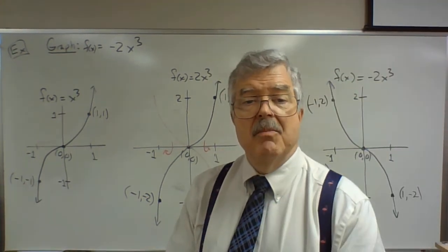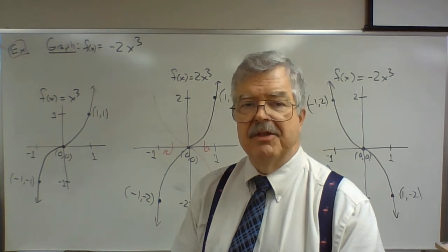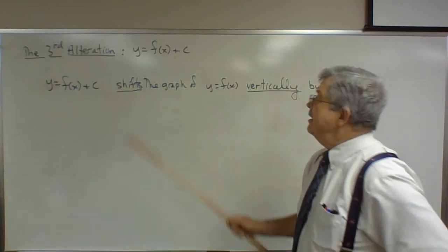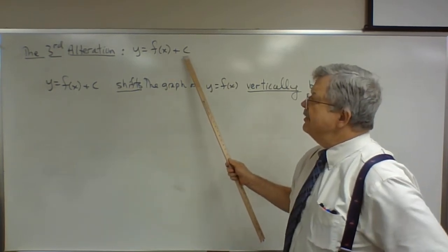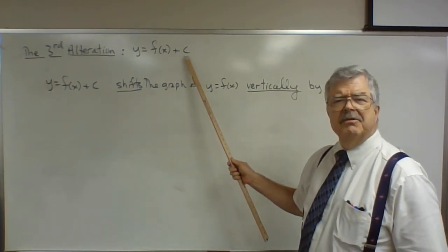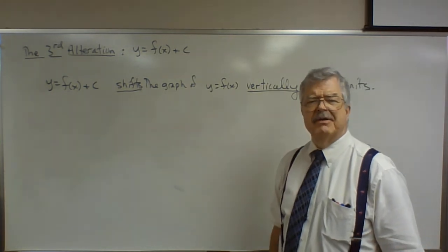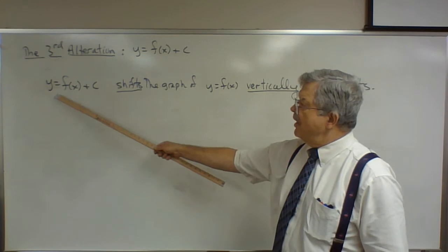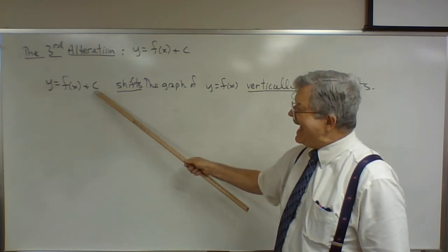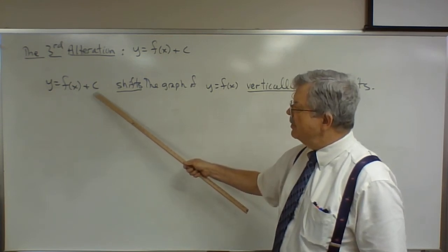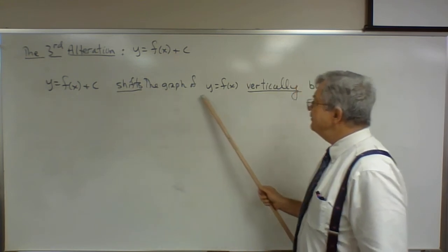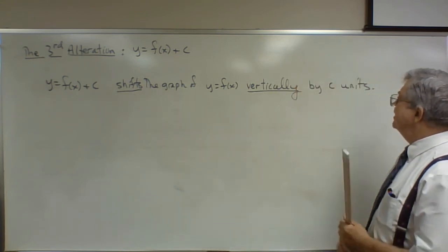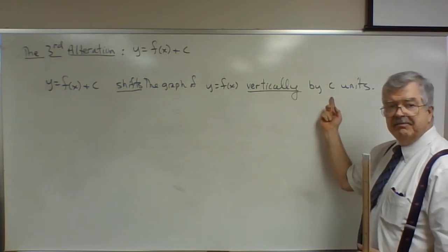Now there's one more vertical alteration that we can make, and we're going to do it now. This is the third and final thing that we can do to alter a graph's appearance vertically. When we take the graph y equals f of x and we add c to the y-coordinate, that shifts the graph of y equals f of x vertically by c units.